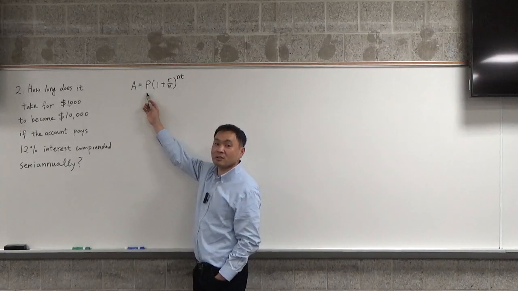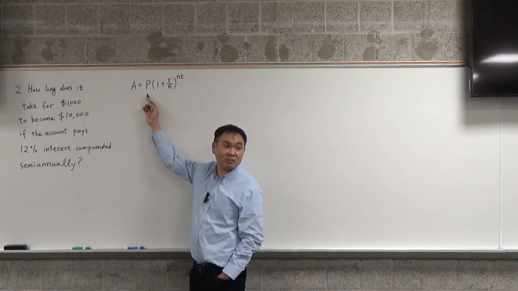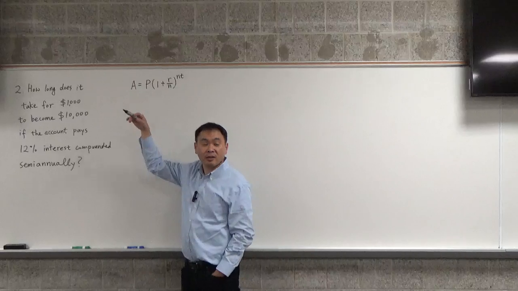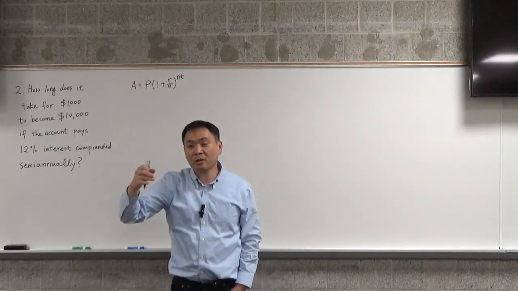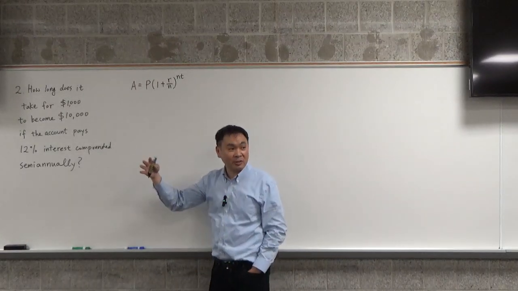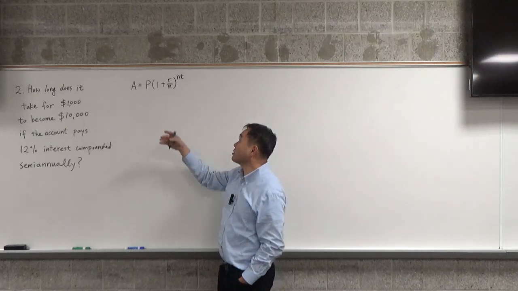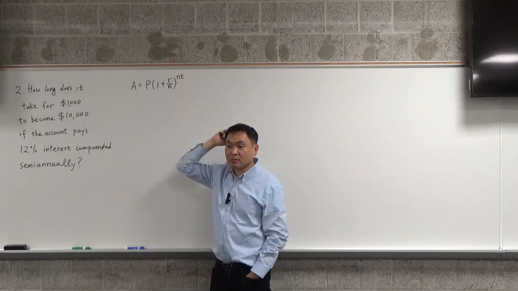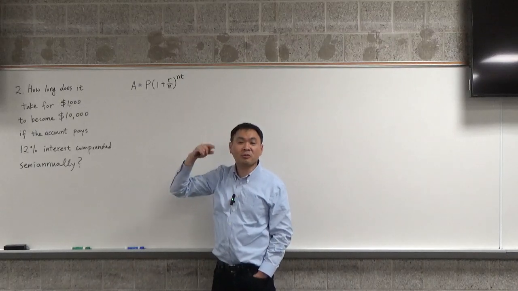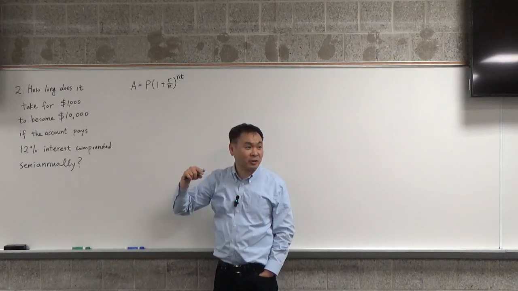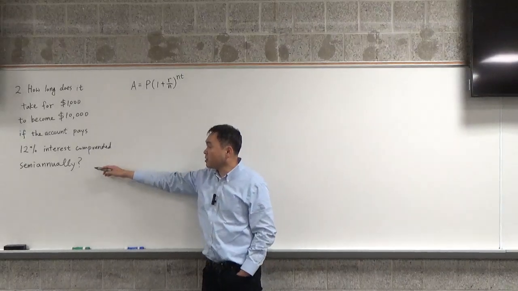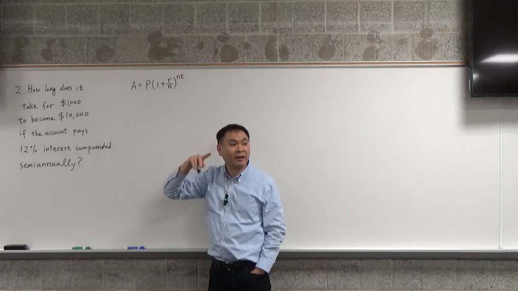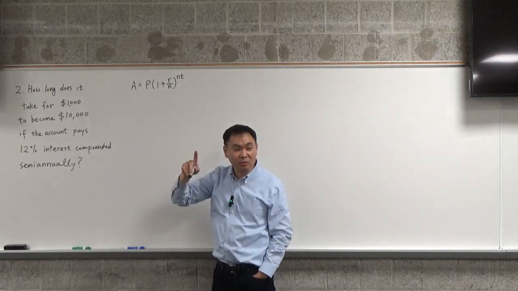P is principal, which means it's the money that you start with. What is A? It's the future value of the money, what you end up with. What's r? Interest rate. n is the number of times it's compounded per year. In our case, semi-annually means semi is half of 1 year, which is 6 months.